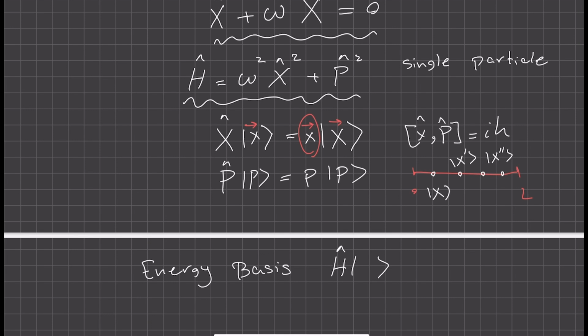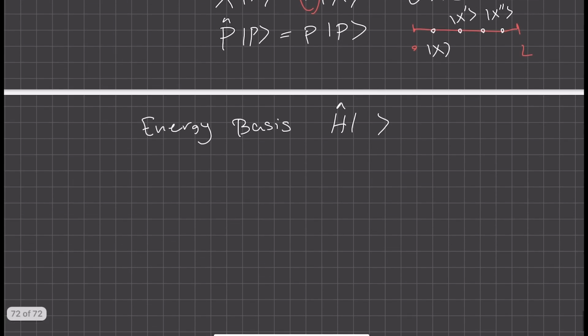It is continuous, and it's an infinite-dimensional Hilbert space. But now when we go to energy states, we're going to see energy is more well behaved. We're going to have some ground state energy, and then the other energy states are just integer jumps above that ground state energy.